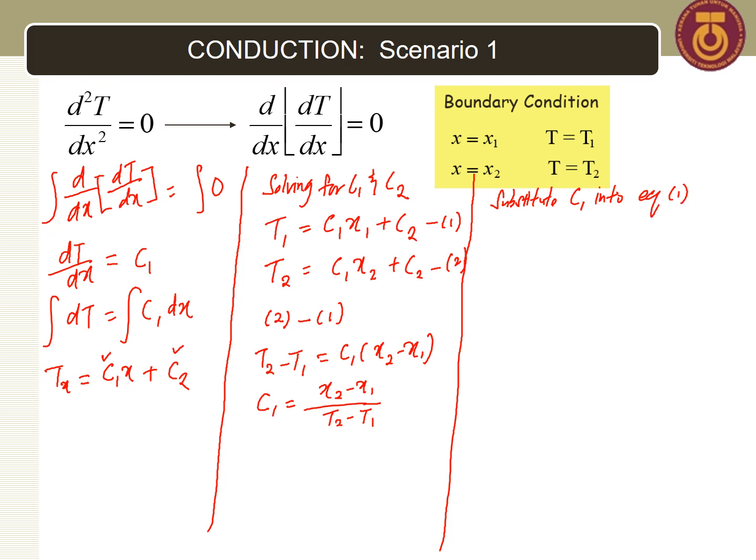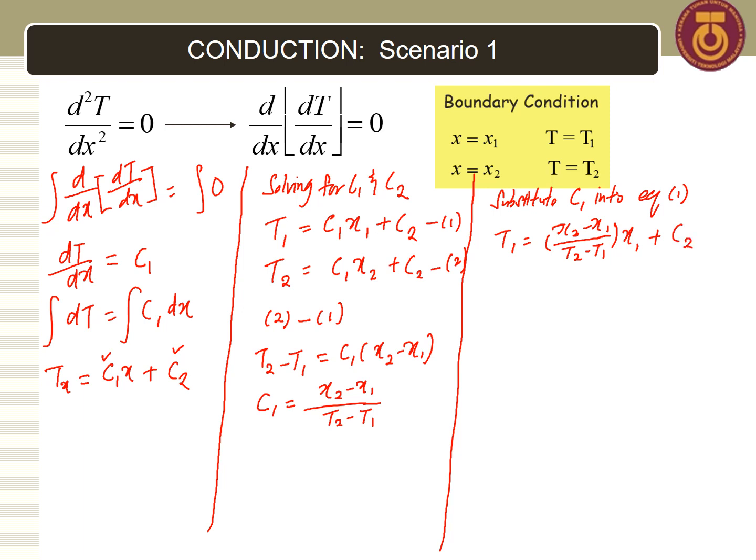So we get T1 equals T2 minus T1 over x2 minus x1 times x1 plus C2.